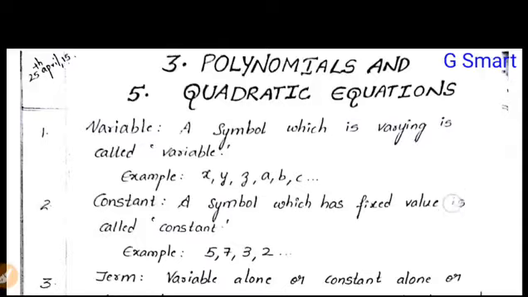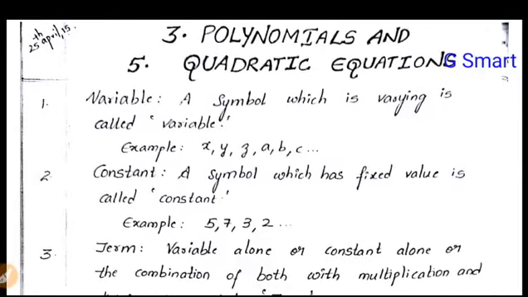First of all, we should know the basic concepts in polynomials and quadratic equations. Let us start. Variable means what? A symbol which is varying is called a variable. Varying means changing, so its value is changing. For example, let us consider x, y, z, a, b, c and so on.